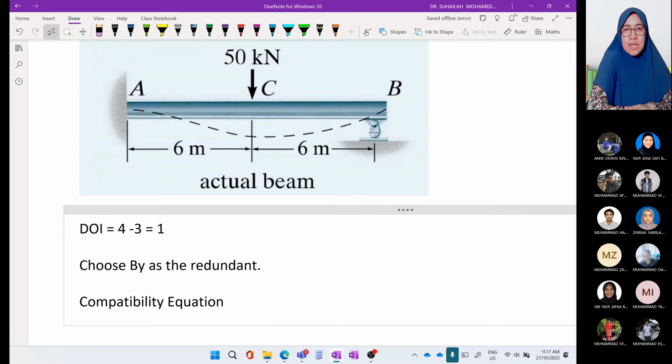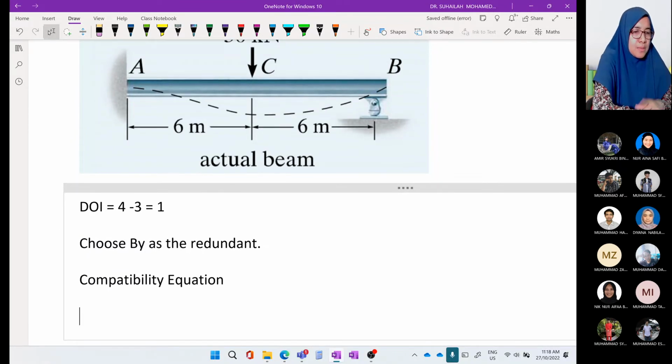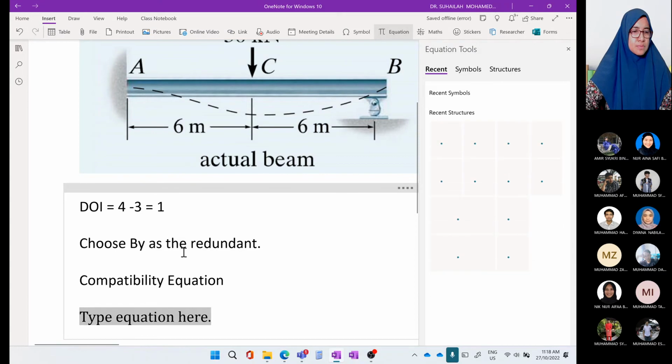We will mark the displacement occurring at the redundant position, and from the principle of superposition, we write the compatibility equation. Please refer back to the video. For BY as the redundant, we will write the compatibility equation.